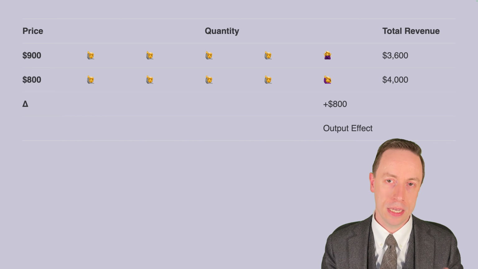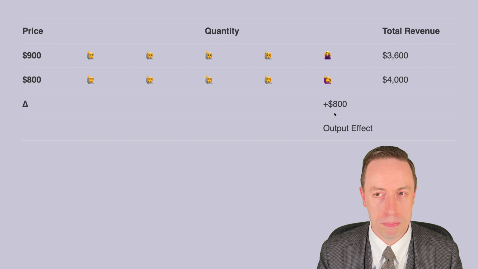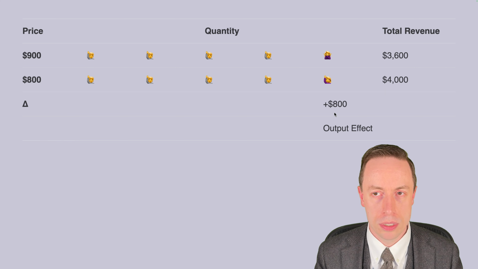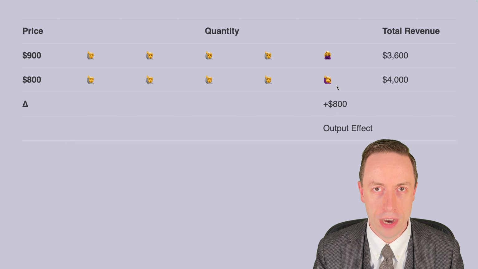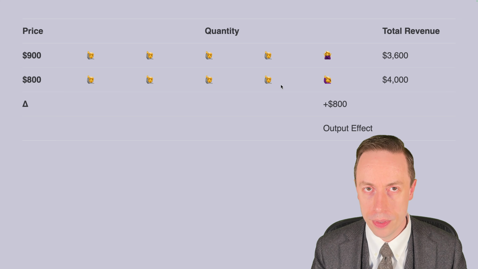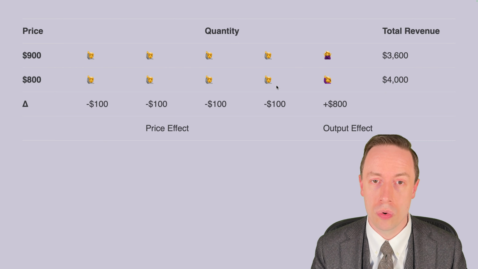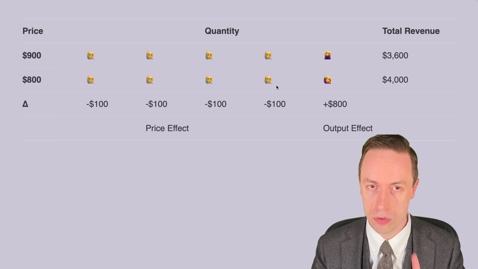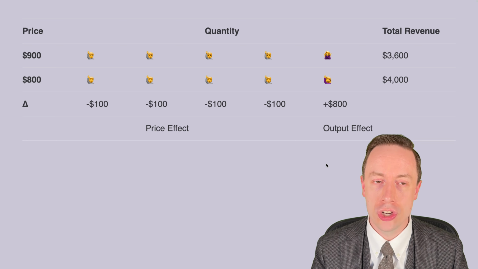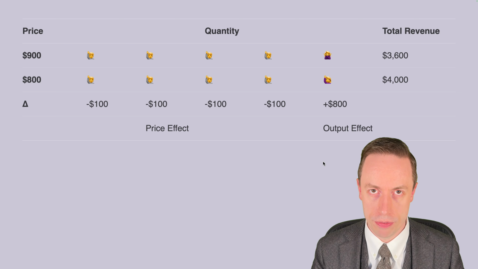But in the case of monopoly, our revenue is not rising by that whole $800, because in order to secure customer number 5 here, we have to lower price. And that of course means that the 4 people that are buying anyway, 1, 2, 3, 4, are giving us less money. Instead of $900, only $800. That's $100 less from each of them. This is what we refer to as the price effect.